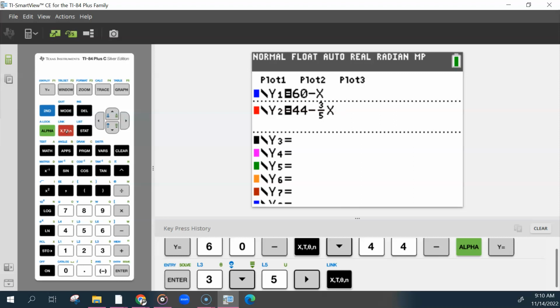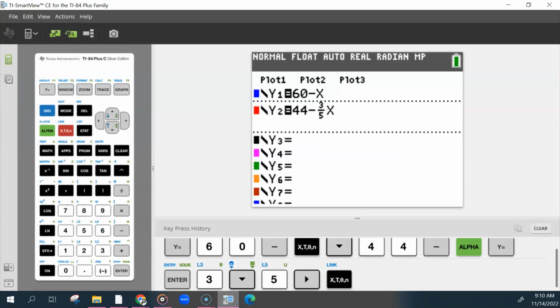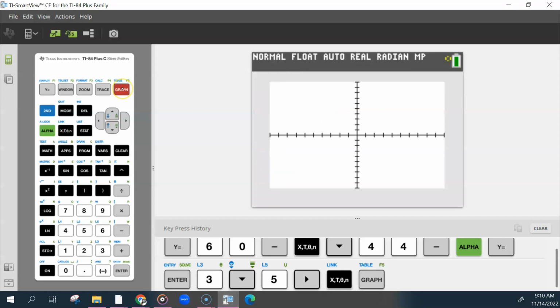So y equals, type both of these in. Minus, yes. If you put a negative, it would multiply it, so just put minus. And then you're going to graph them.